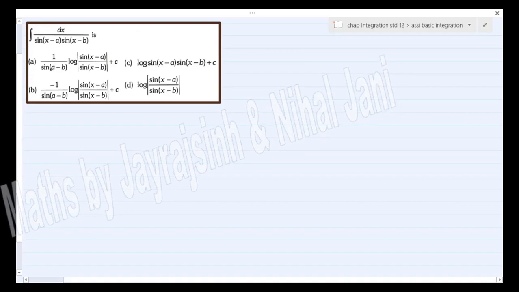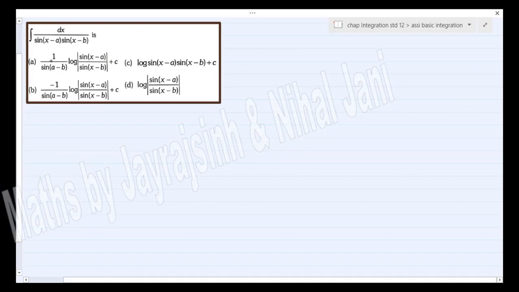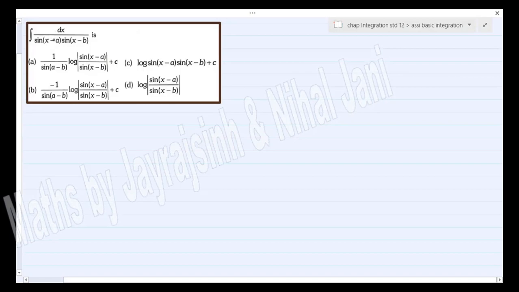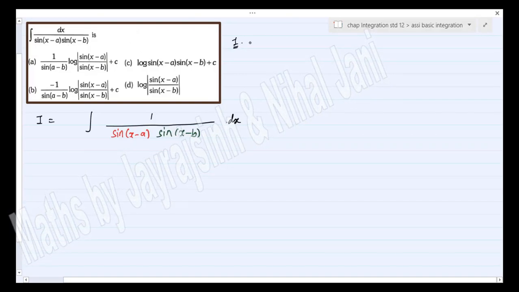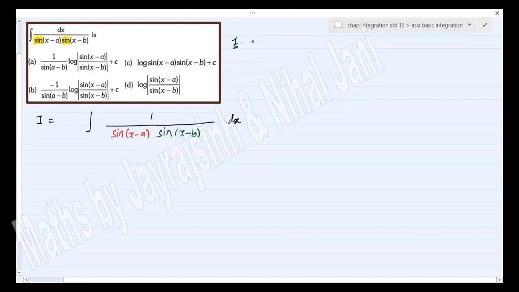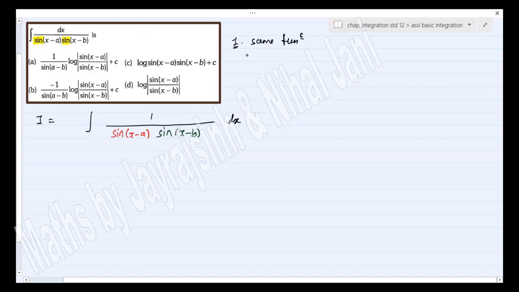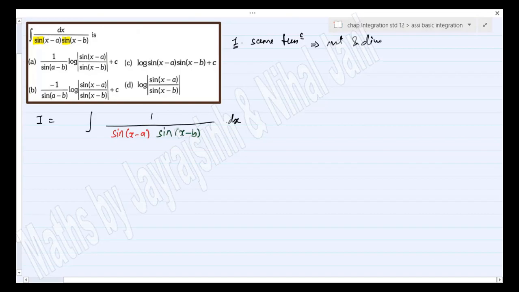Here we have a very interesting question. Integration of 1 upon sin(x minus a) into sin(x minus b). Before we start integration, a few things you should know. The first point is, here we have sine and sine, or we can say the same function in the denominator. So in this situation we have to multiply and divide by sine.